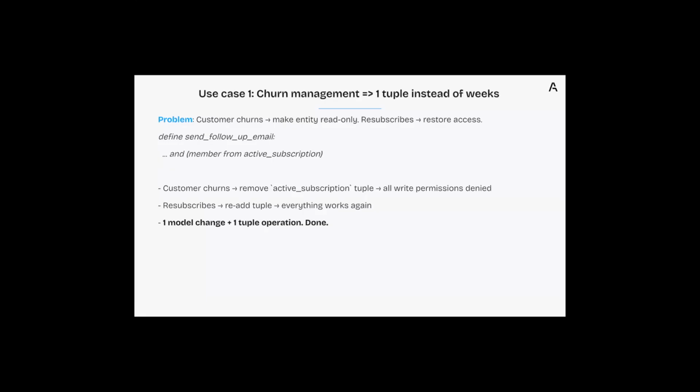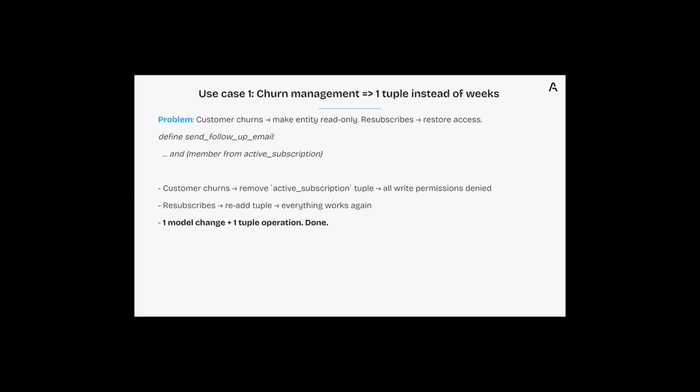Every service was implementing its authorization logic on its own. With OpenFGA, we added a relation to the model, and every permission that should require an active subscription just includes "member from active subscription".